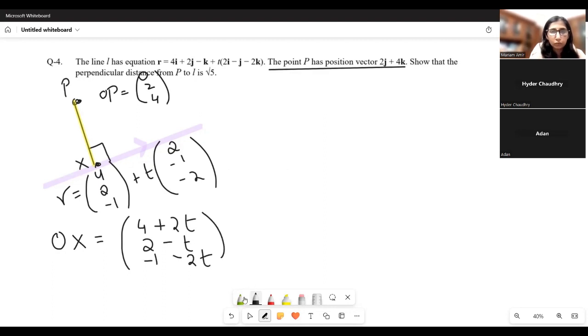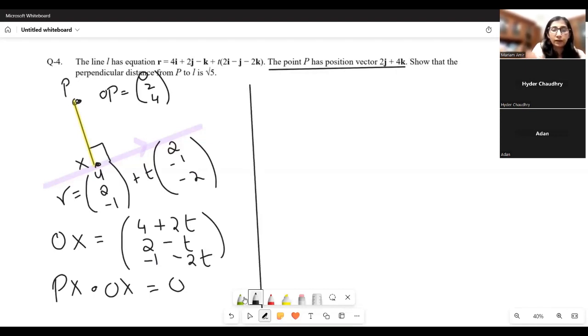Now we know that PX dot OX has to be 0 since there's a right angle in between them.